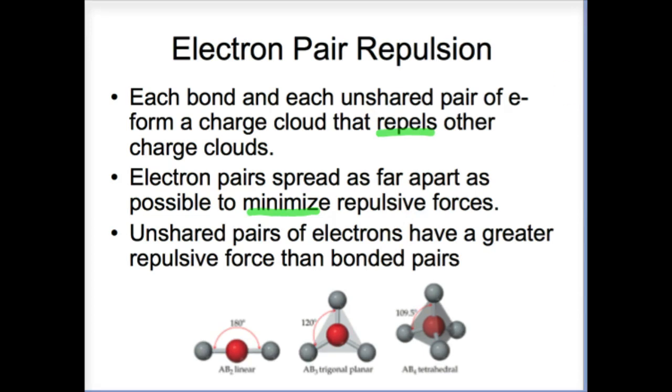Now, one of the points, the reason that we see a trigonal pyramidal versus a trigonal planar and the difference in shape has to do with this right here. Unshared electrons have a greater repulsive force than bonded pairs, and this is because the unshared pair get to literally occupy a little more space because they're not bonded. They're not limited in scope in terms of the space they have to occupy. So they literally have a greater repulsive force.